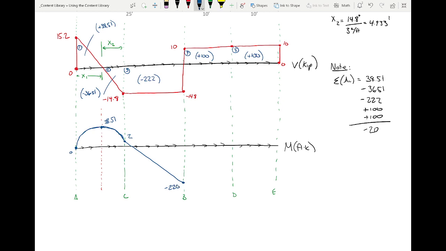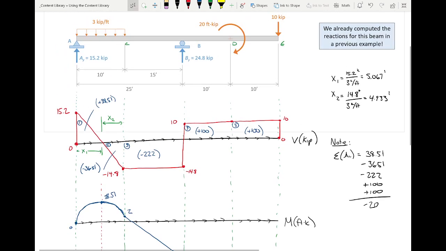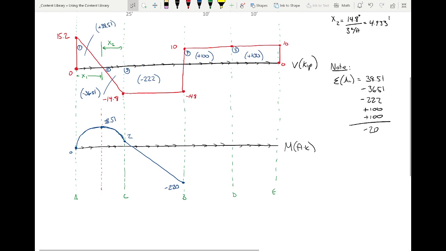Negative 220. Although that 0 looks suspiciously like a 6, and it's going to bug me if I don't fix it. That's better. All right. From B to D, what do I do? Wait, hold on. Where's the moment? The moment isn't there. It's at D. Yeah, so we ain't gotten there yet. But you're right. So 220 jumps up 100, puts me at negative 120.